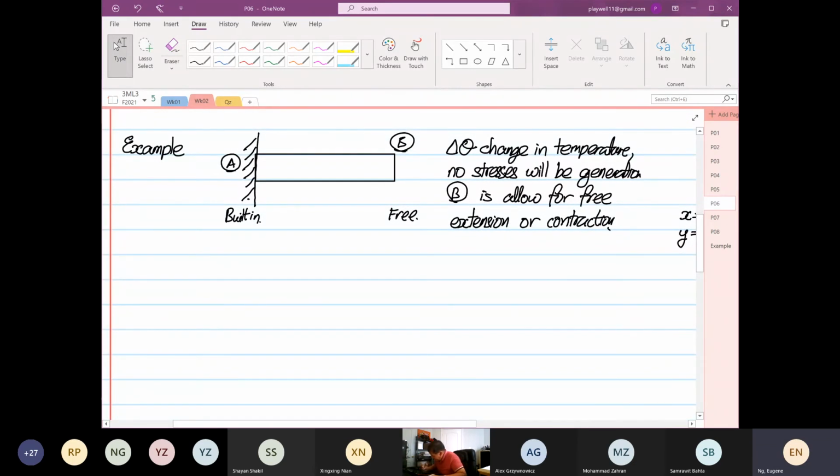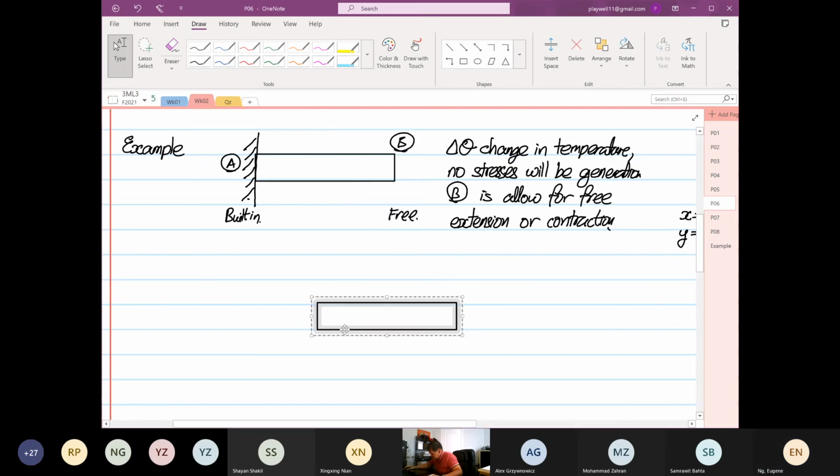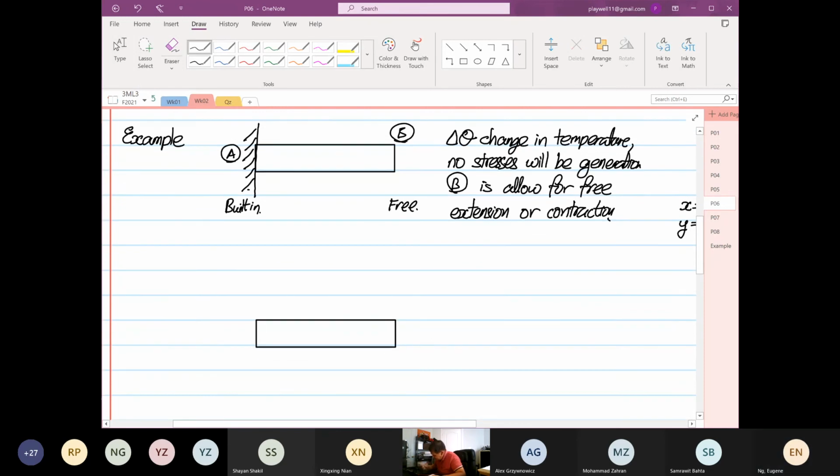Now, if both ends, okay, now if we use the same rod, both ends are built in. You restrict motion now.